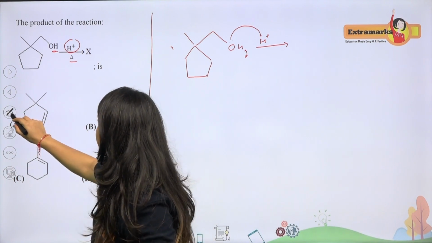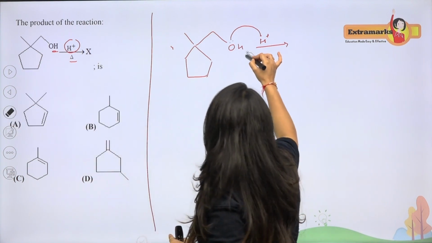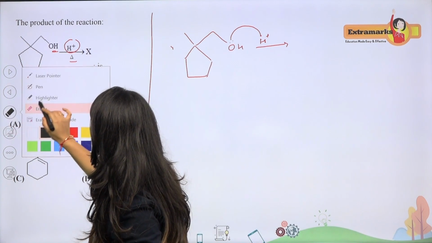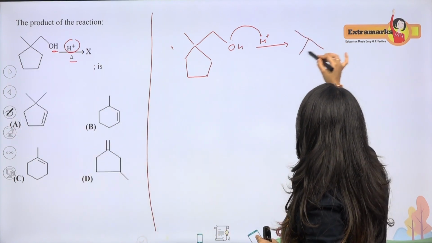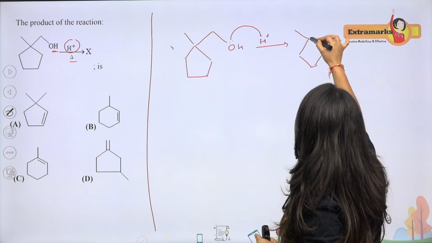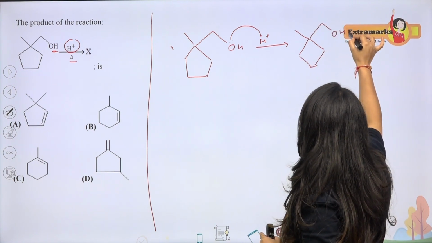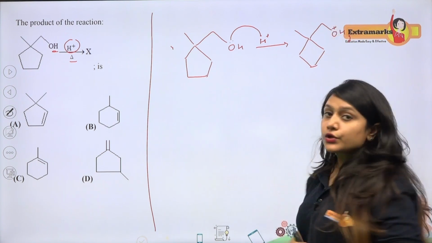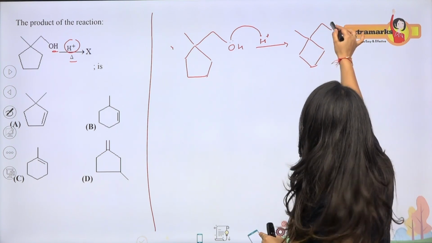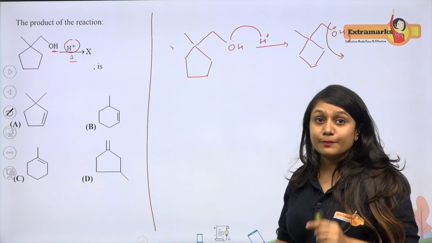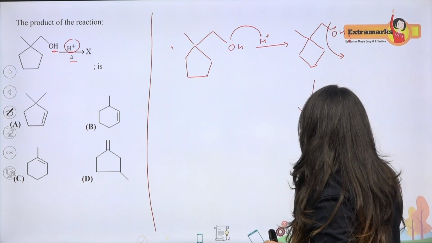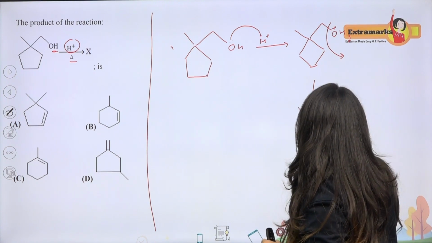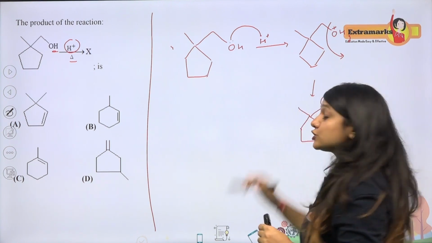So after abstracting H+, this becomes H2O, a good leaving group. So this water can leave very easily from this particular place, and in the next step there is a formation of carbocation, as you can see here. So carbocation is in this place.